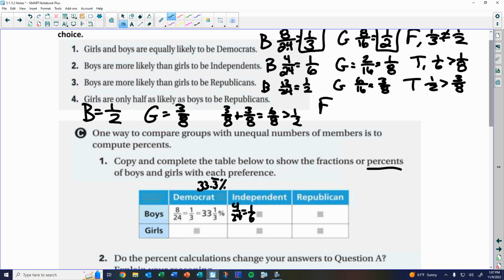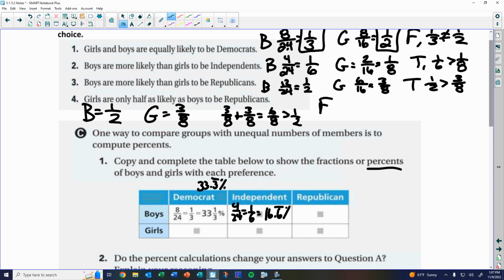Can anyone tell me what 1/6 is as a percent? We'll just go to the nearest tenth, since that's what they did here. 16.7. Is it 6 repeating? Yeah.